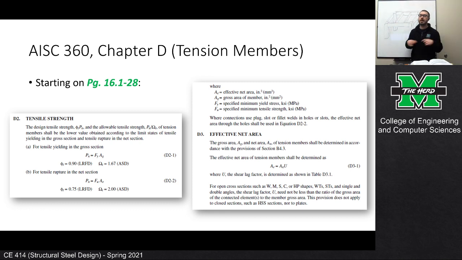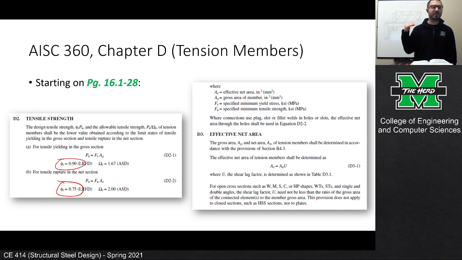Another thing to keep in mind are the resistance factors. Okay, so these are those phi values. If you look here on the slide, or on the page, you should see these phi values here and here. Now, whenever you look at the phi value for rupture, it tends to be lower than the phi value for yielding, because those are resistance factors that are intended to ensure uniform safety.